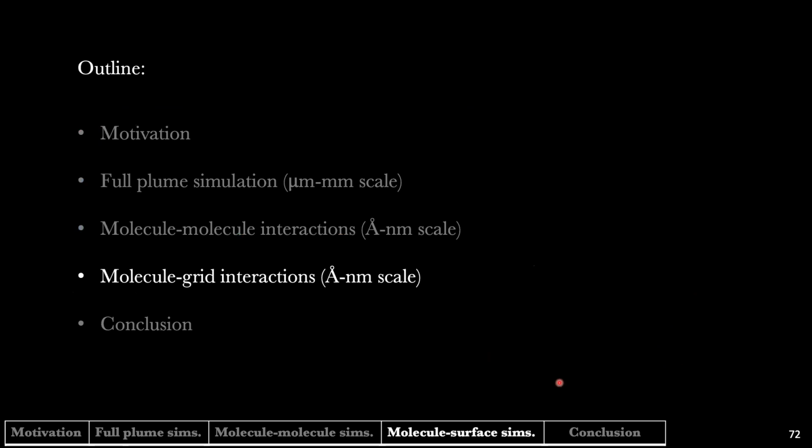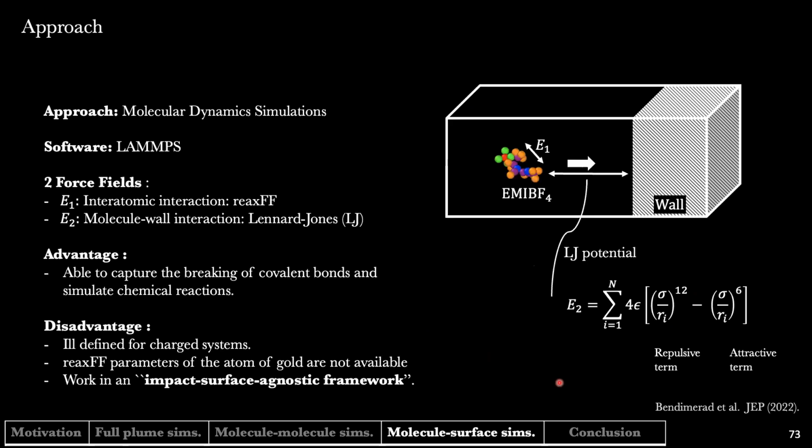Next, I'm going to talk about molecule-grid interactions. And similarly, I use molecular dynamics simulations. I use a software called LAMMPS, and here I use two force fields: the reactive force field to model the interactions between the atoms of the molecule, and the Lennard-Jones potential to model the interactions between the molecule and the wall.